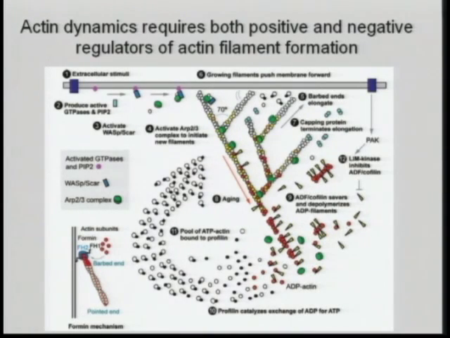At one end, new actin subunits are added, so the actin filament grows and makes the protrusions. The activated small GTPase, Rho GTP, is required to recruit these new actin subunits. However, actin dynamics is also controlled by negative factors.